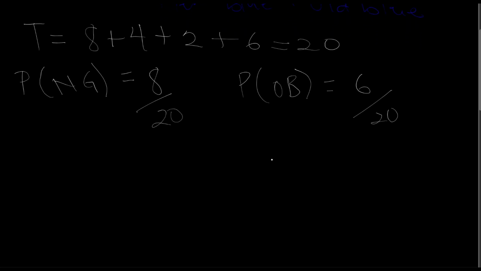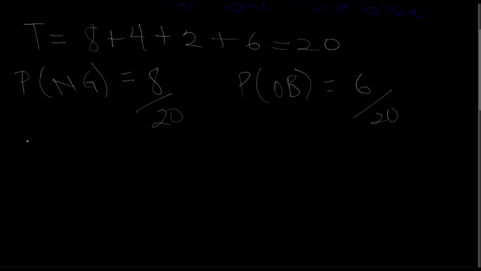Now the selection is made with replacement. So it means that after taking the first ball, we put it back and make the second selection. So the total number of balls in the bag will not change after the first selection.